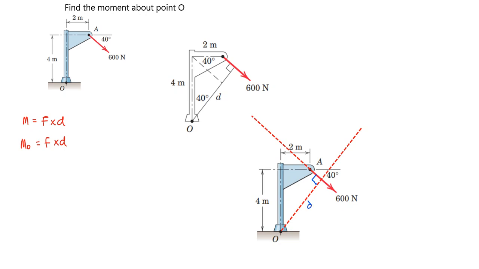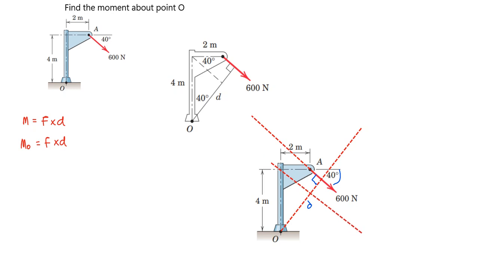So let's look at how they got the angle. We already know that this is 40 degrees. What I'll do is draw another line, which will be parallel to the line of action of the force, and I'll draw it to pass through the point where the 2 meters was measured from. Let me start from here.